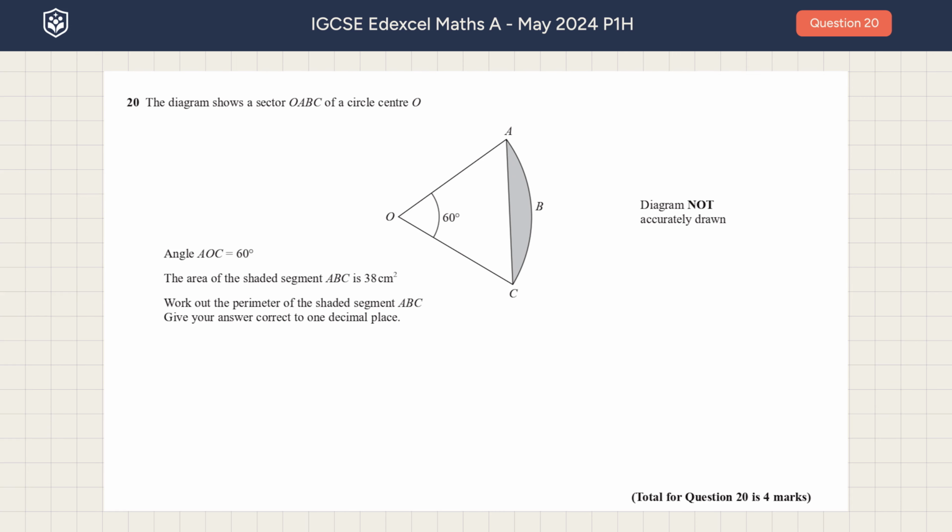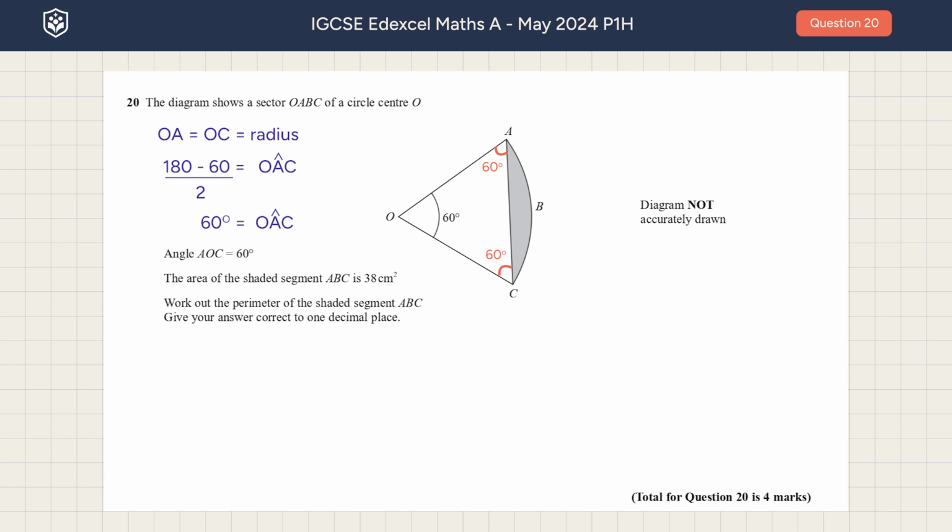To find this, we will need the arc length of ABC and the length of AC. To find the length of AC, we know that OA equals OC because it's the radius. So we can write 180 minus 60 divided by 2 equals angle OAC, which also equals 60 degrees as well. So that means it is an equilateral triangle because this is 60 and this is also 60.